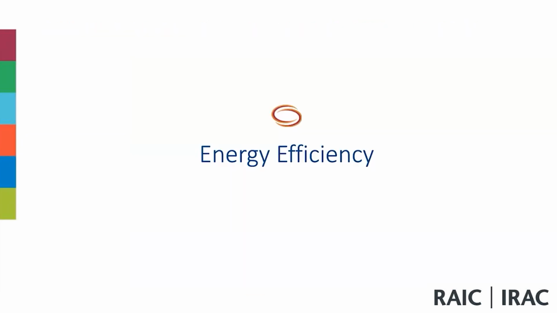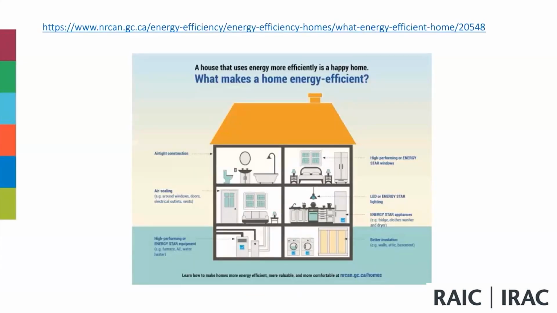So for energy efficient design, what makes a home energy efficient? This is from NRCan. It's a drawing. We've already come across some of these elements related to airtight construction: air barriers, ceilings, vapor barriers, lighting, electrical components, windows, doors, better insulation.